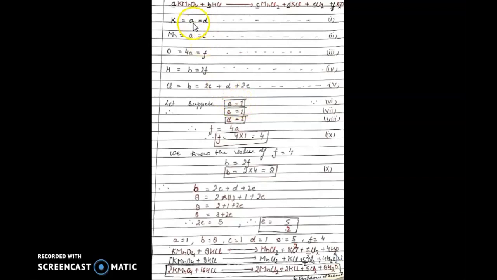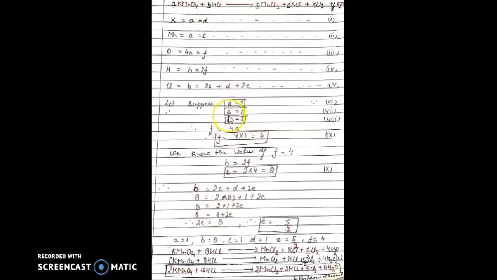So when we suppose A equal to 1, immediately the value of C becomes 1 because A equals C, and A equals D also, so the value of D also becomes 1.